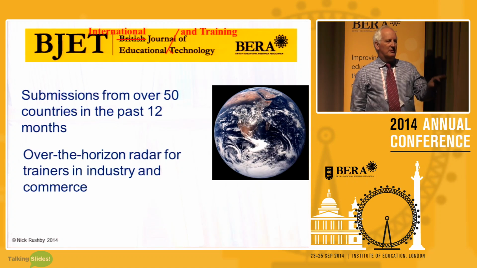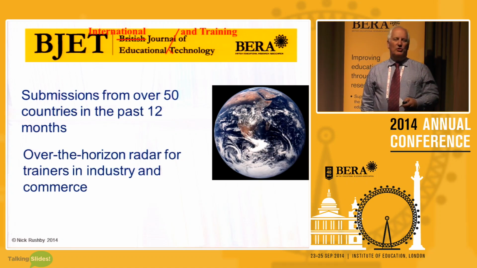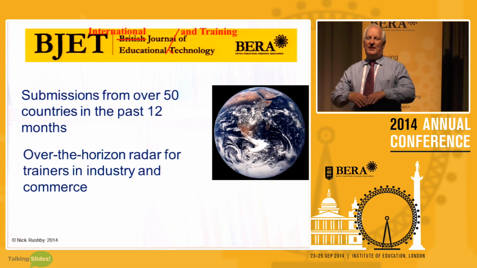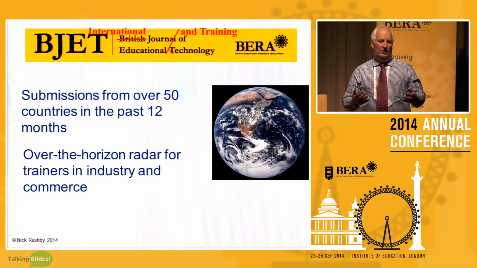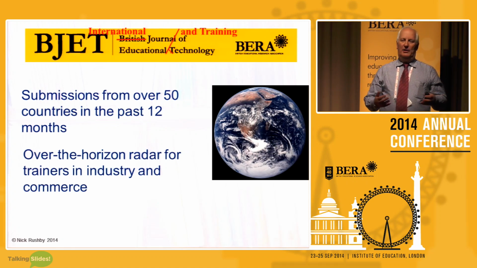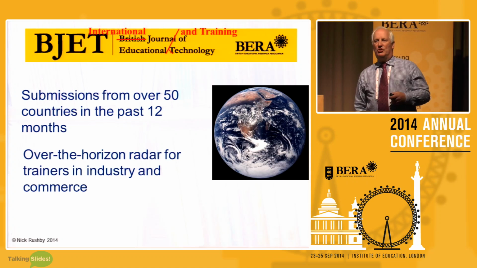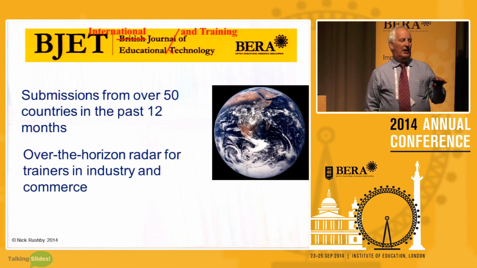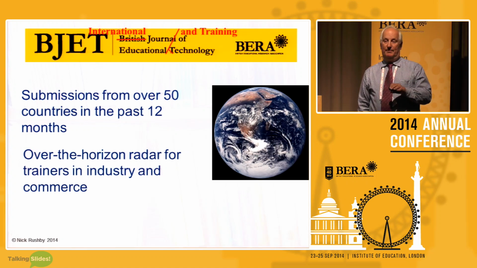Last 12 months, 50. And it's also got articles in it, papers in it, of various aspects of training, not just education. So, for example, in November, we're publishing a special issue on technology-enhanced learning in the workplace.